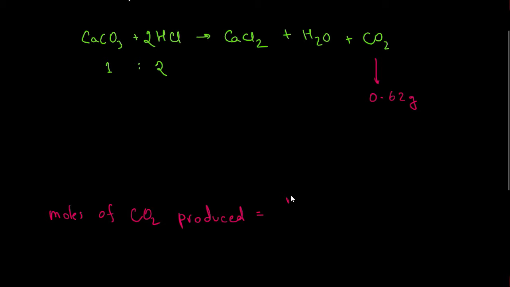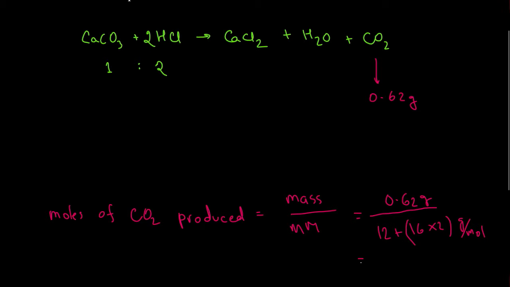This is going to be mass in grams divided by molar mass in grams per mole. So my mass is 0.62 grams, and the molar mass of CO2 is: the molar mass of carbon is 12, plus the molar mass of oxygen is 16, and I have 2 of those. So that's that in grams per mole.